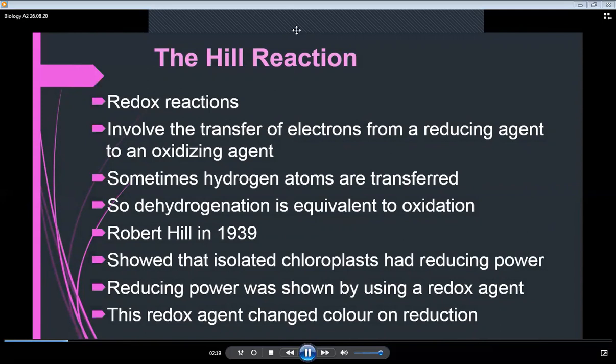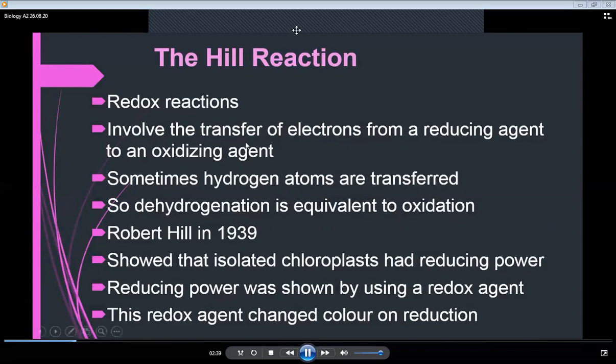Oxidation is the loss of electrons, and reduction is the gain of electrons, right? Redox reactions involve the transfer of electrons from a reducing agent to an oxidizing agent.